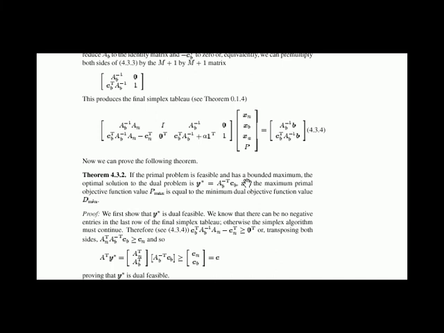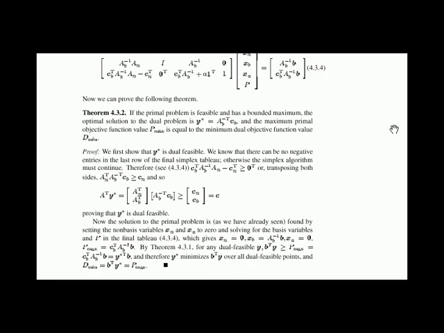So basically, to prove this theorem, what you have to do is show that this y star is dual feasible, and we'll show that b dotted with y star, with this dual solution, is actually equal to p max. So remember, we said that b transpose y is greater than or equal to x transpose c for all dual feasible y and all primal feasible x.